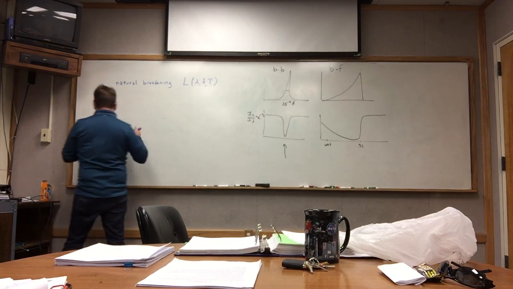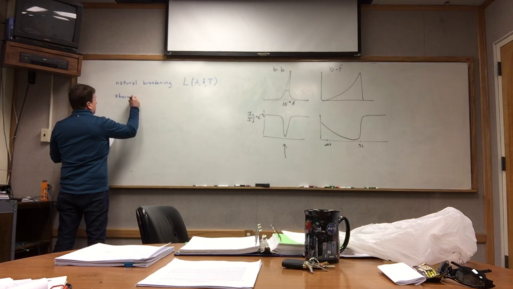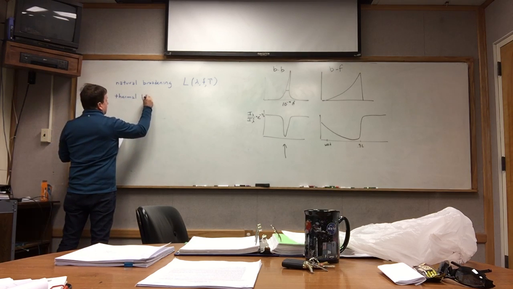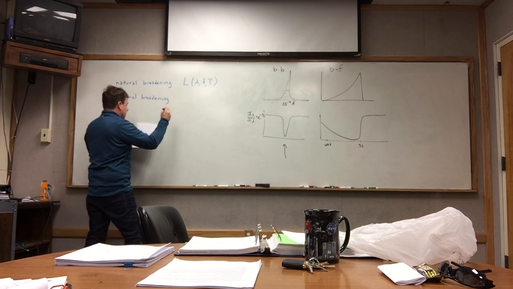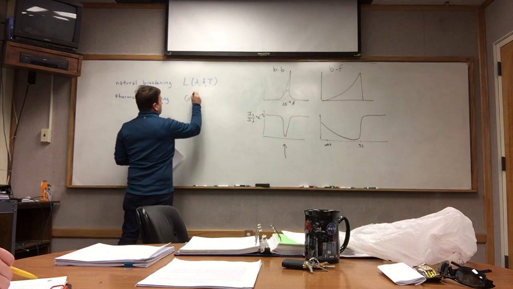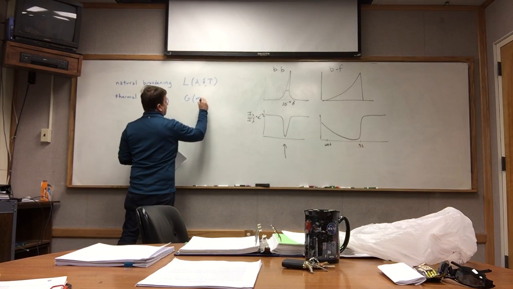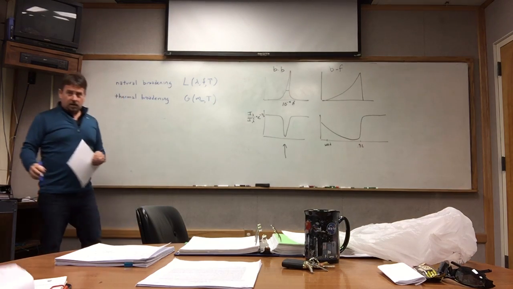The second one you have is the thermal. And this turns out to be a Gaussian, okay? And the Gaussian depends upon the mass of the ion and the temperature of the gas.